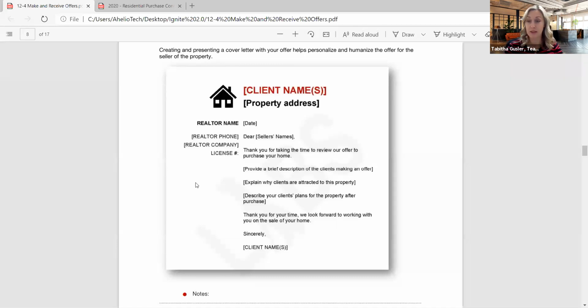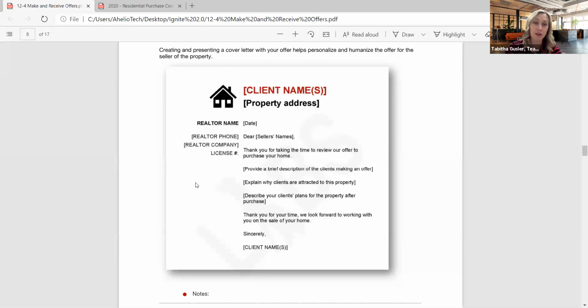We're trying to get the seller to just fall in love with these buyers so that it helps to strengthen their offer. So we make the contract as strong as we can with terms, and we make the letter as strong as we can by adding the emotional component.